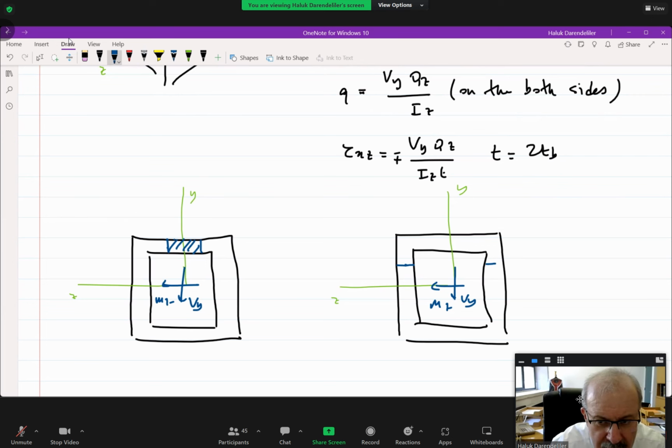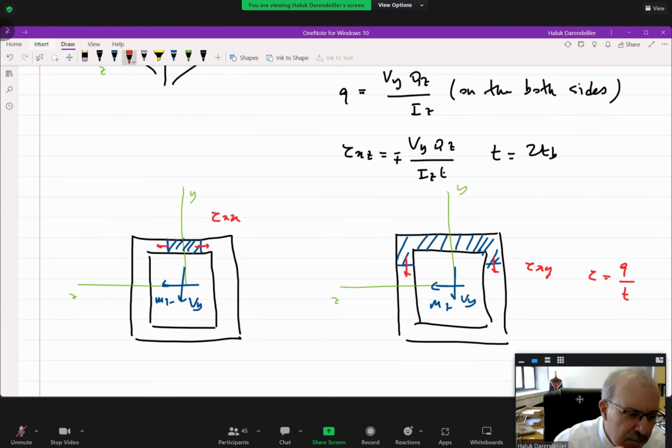So use the symmetry also and take this cross section for calculating Q. Okay, so as a result, here we have these shearing stresses on both ends, this one and this one. This is tau x at the end. And here we have these shearing stresses from the same loading. This is equal to tau xy, and tau is equal to Q over t for such members.